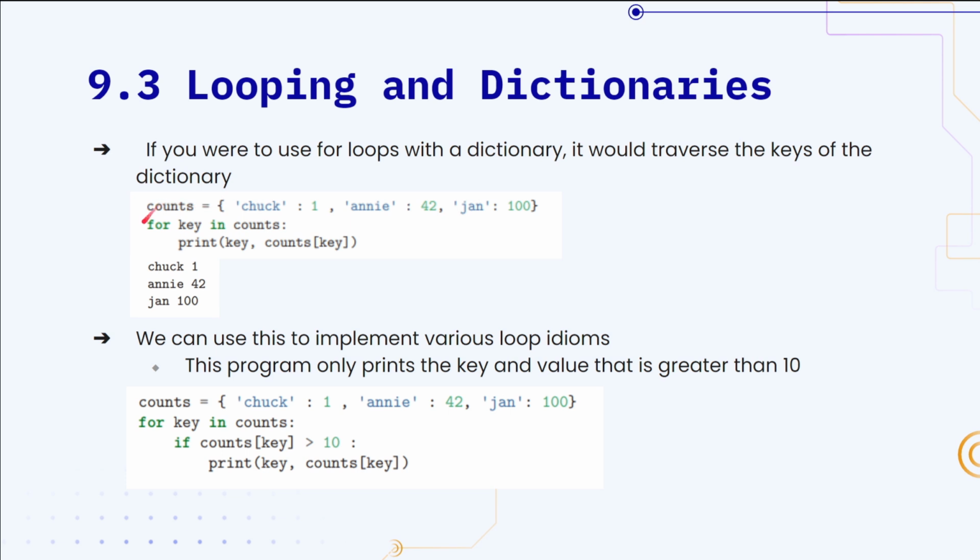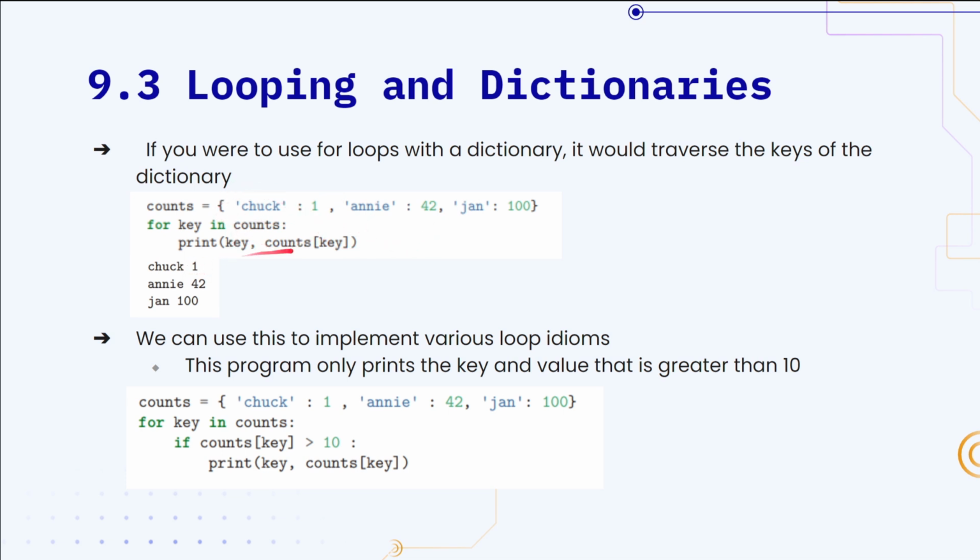But in this program over here, we have counts for names, Chuck, Annie, and Jan. And we use a for loop for each key. That's something to keep in mind, that a for loop would traverse the keys, Chuck, Annie, and Jan. So it would not traverse the values or just the items in general, going Chuck and then 1, then Annie, and 42, just the keys.